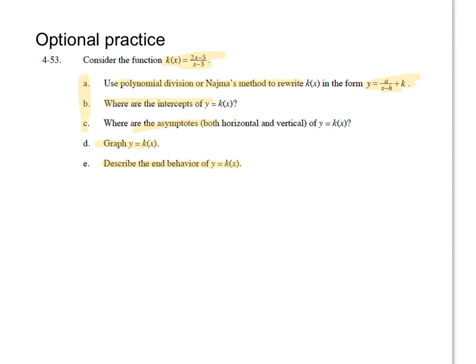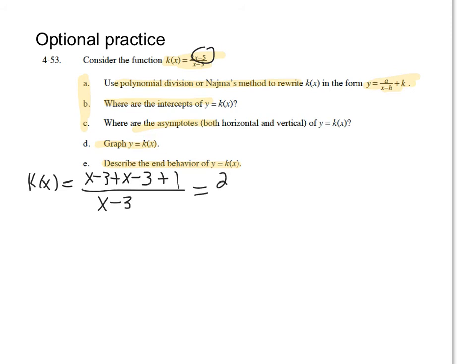If I'm going to use Najma's method, then k of x is going to equal x minus 3 plus x minus 3 plus, now that minus 3 and minus 3 is actually minus 6, but I only have a minus 5 up here, so I'm going to go plus 1 over x minus 3.